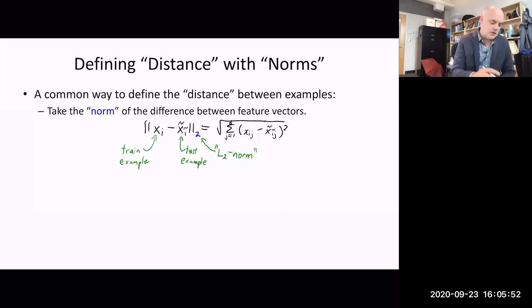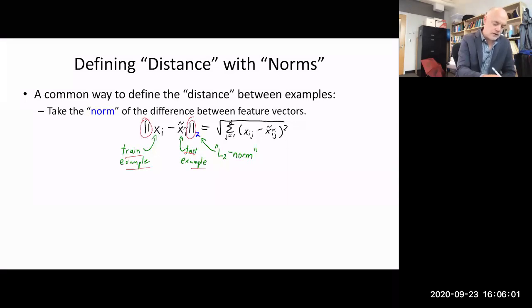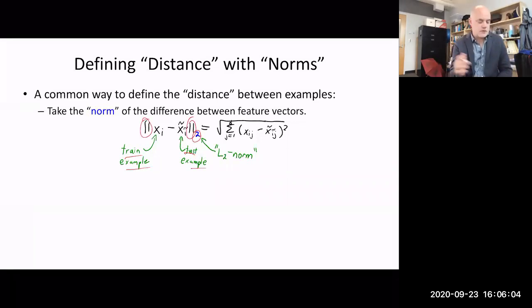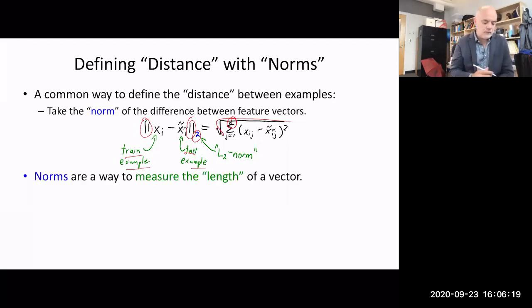So if x i is a training example and x tilde i is a test example, we talked about the norm notation, and we said that the default norm is 2, the L2 norm, whose definition is given here. It's the square root of the sum over the dimensions of the feature vector of the difference between the feature vector values squared. Norms in general are ways to measure lengths of a vector.